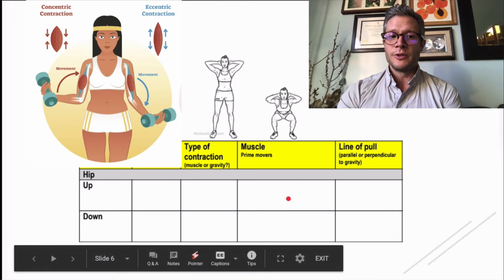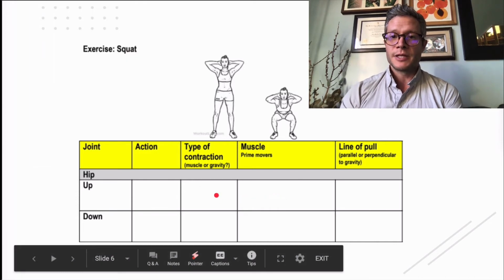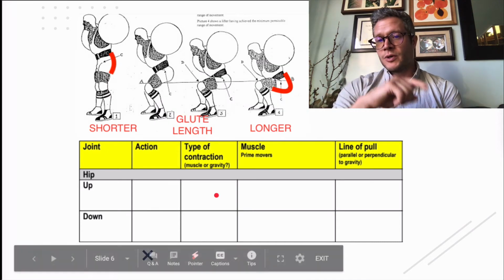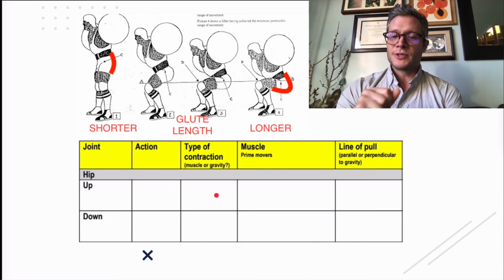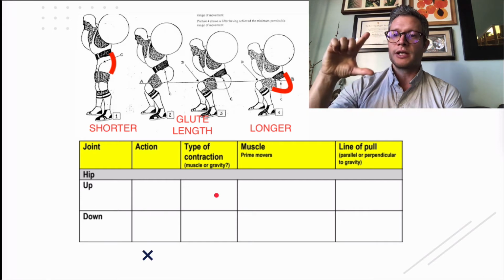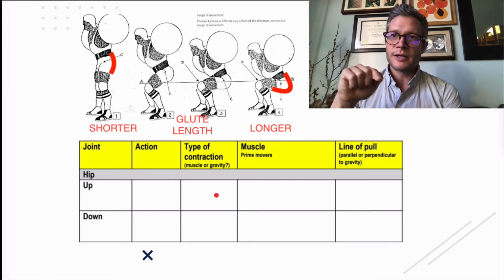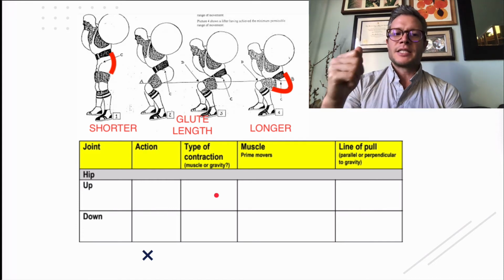So if I think of my glutes at my hip on the way up, as I come up out of a squat, I can think about the hip joint itself. The muscles are shortening, so the angle around my glute is getting smaller rather than larger as I stand up.